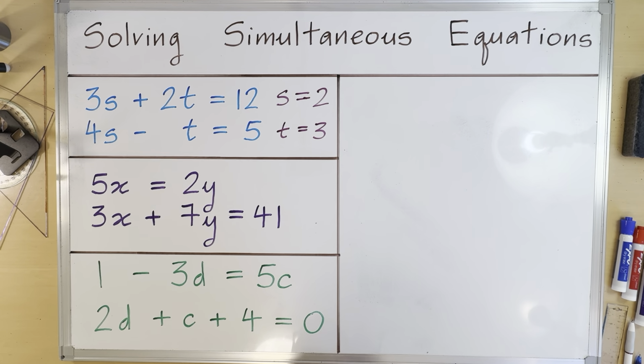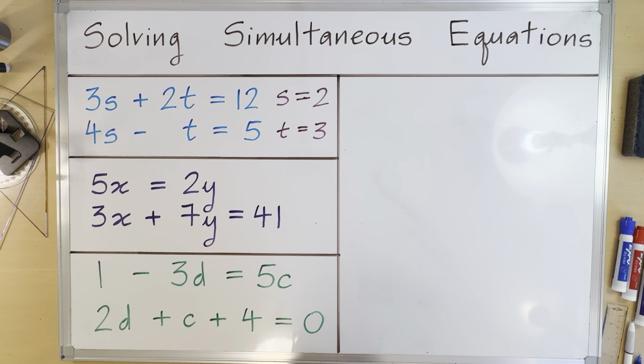Positive 2 times 3x gives us positive 6x. Positive 2 times positive 7y gives us positive 14y. And this is equal to positive 2 times positive 41, which gives us positive 82.